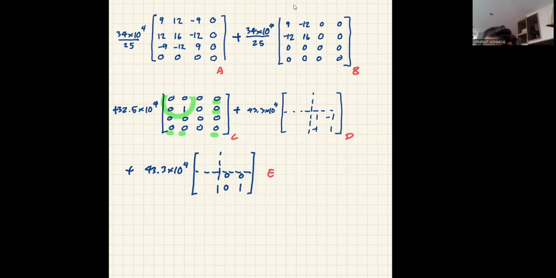So it's going to be something like 34 multiplied by this over 25 A plus the same. Just be careful of the coefficient because many times they're not the same. Over 25, then multiply by B and so on. You can use a calculator to do it. Okay, that's what I do.